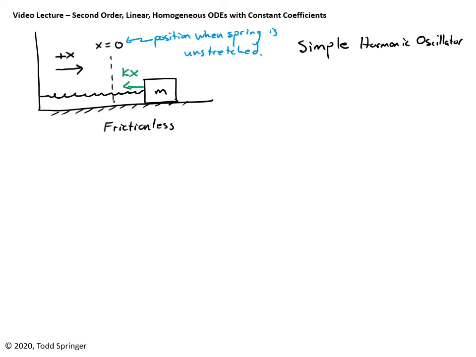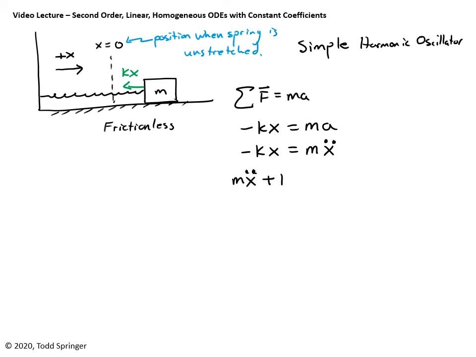So there's a spring force here, kx, pointing in the negative x direction. And so if I write down the sum of the forces is equal to ma, there's only one force, which is the spring force. It gives me minus kx is equal to ma. And a is the second derivative of x, so that's x double dot. And then I get this equation, m x double dot plus kx is equal to 0, or x double dot plus k over m x is equal to 0.